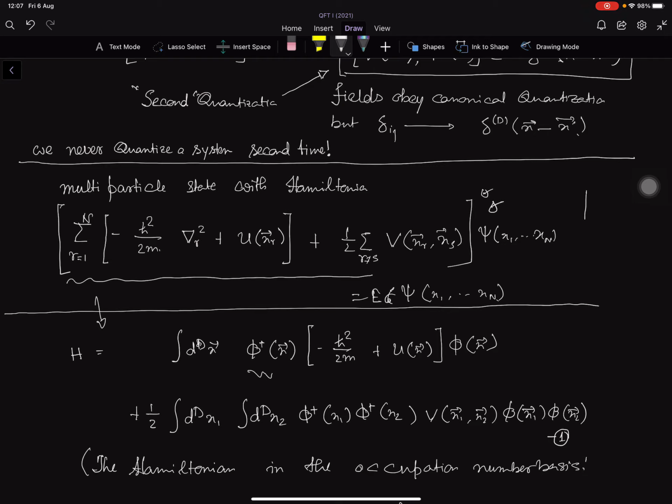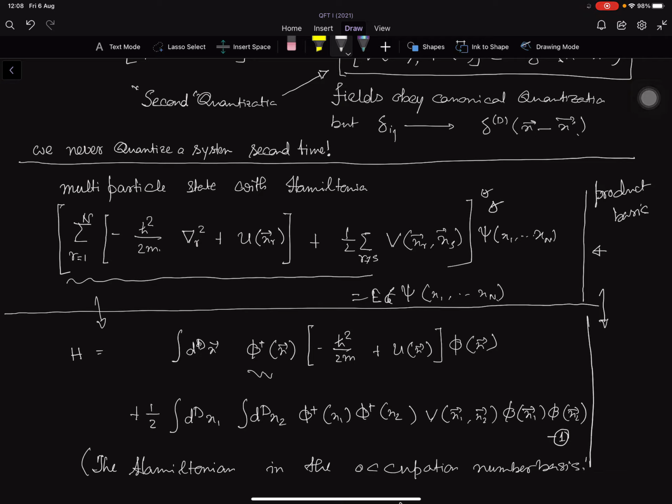this is the Hamiltonian in the language of multi-particle quantum mechanics, in the product basis. I can define the same Hamiltonian, but now in terms of phi's and phi daggers, and this Hamiltonian is the natural Hamiltonian in the occupation number basis. So this is the product basis, and this is the occupation number basis.